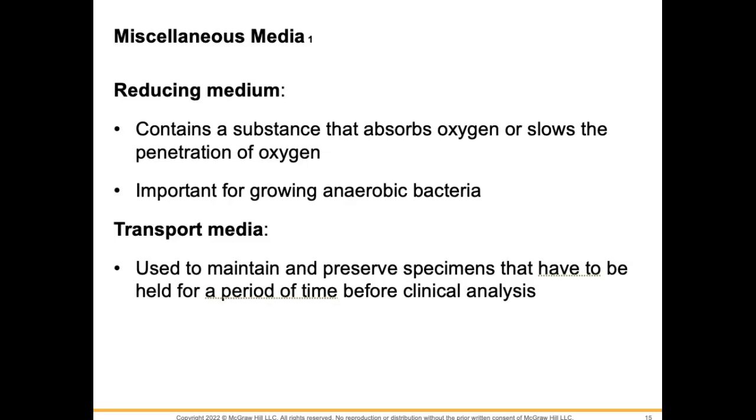Transport media are used to maintain and preserve specimens that have to be held for a period of time before clinical analysis. Part of the issue with getting testing done for COVID-19 was that they had to have all this transport media.